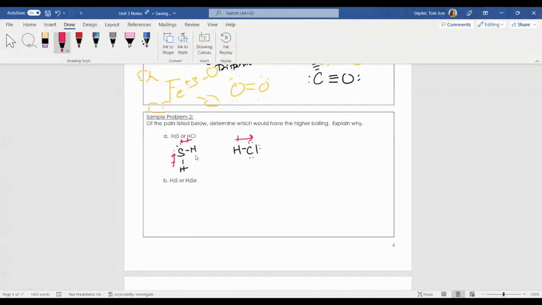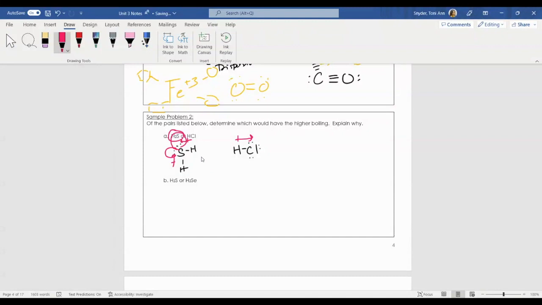And this is going to help us to determine which one of these is actually a little bit more polar than the other one. So your correct answer here is hydrogen sulfide. And that's because this particular molecule is quite a bit more polar. And that's because it has two lone pairs that are attracted to it. Most of your electrons are going to exist on sulfur relative to chlorine here.